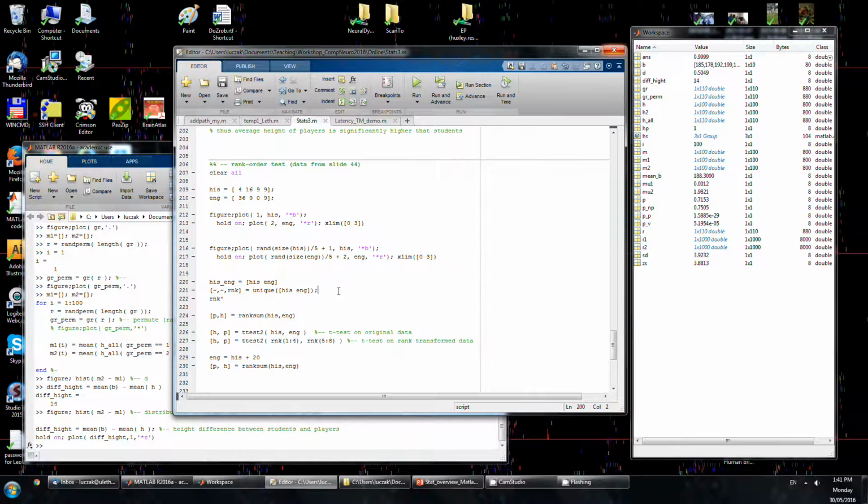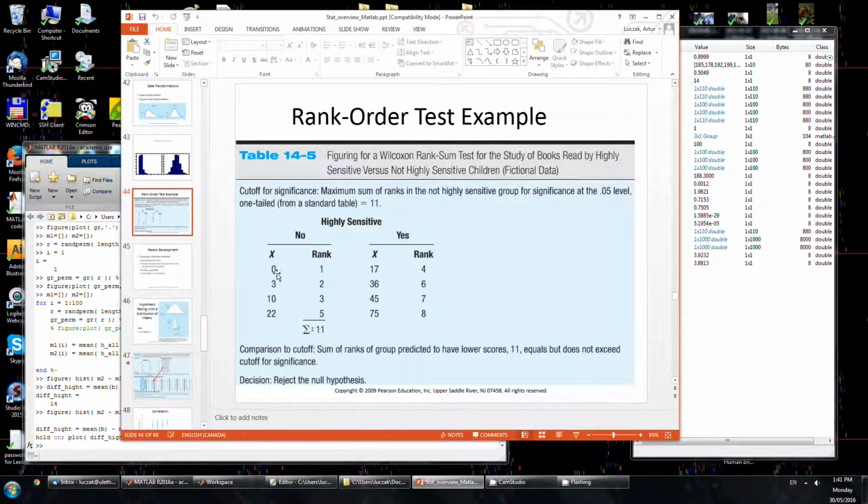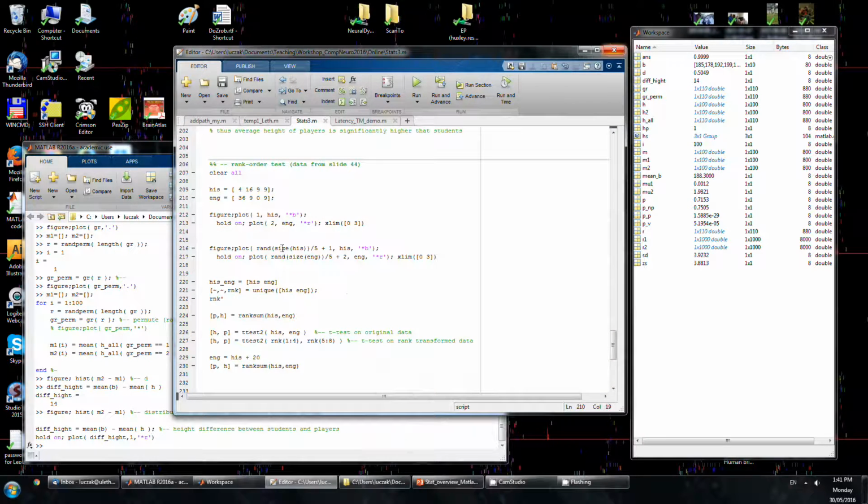So here I made some simple code for exactly the same data. In this example, we had the number of books read by highly sensitive and non-highly sensitive students.